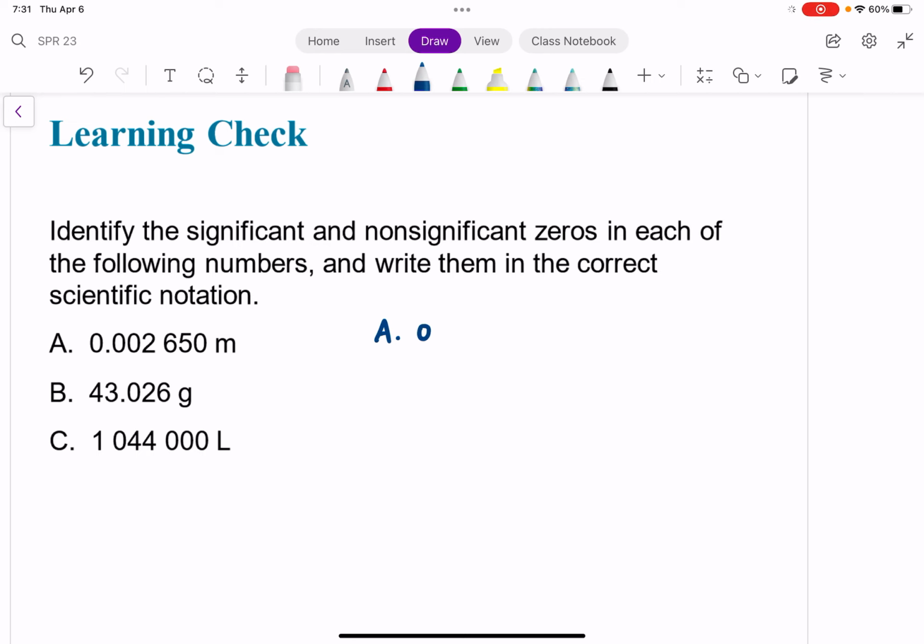we have 0.002650 meters. All right, so the first part of the question asks us to identify the significant and non-significant zeros. So the significant zeros, where are those? Yeah, this last 0 is significant because it's a 0 at the end of a decimal number.